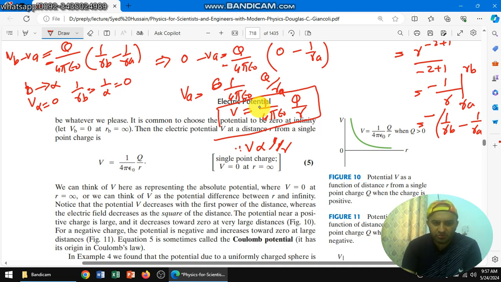If Q is positive, for example, the charge is positive, so its potential is large near the charge, and when we move away from the charge, its potential decreases. This graph shows the behavior.